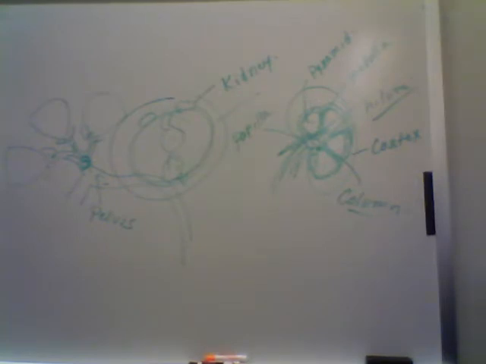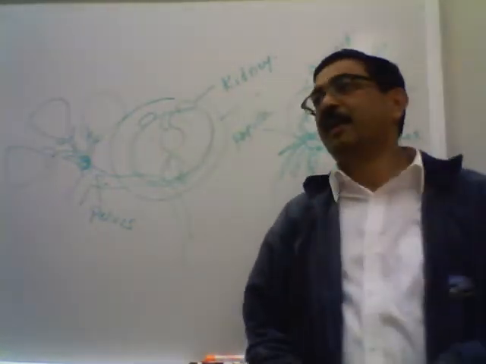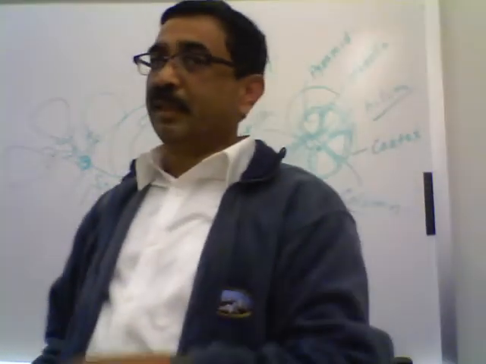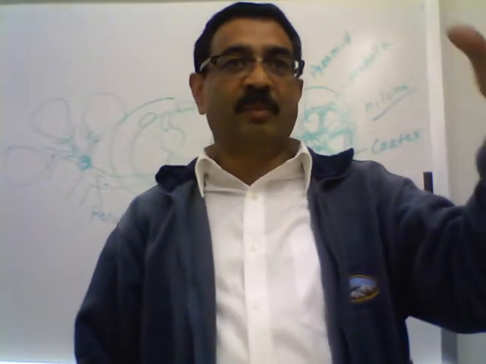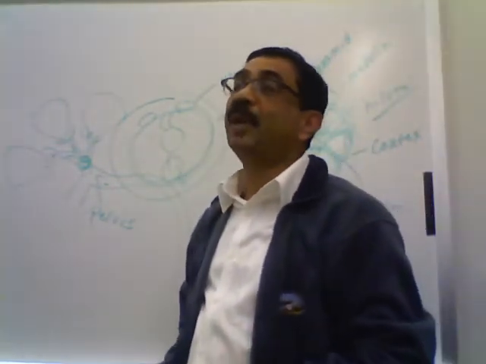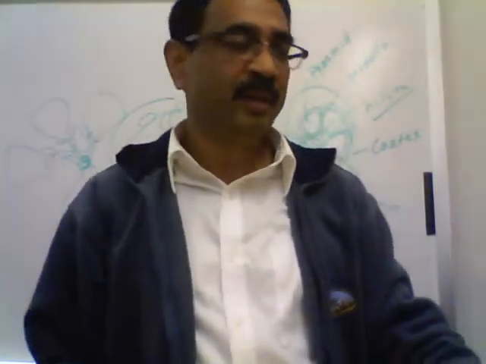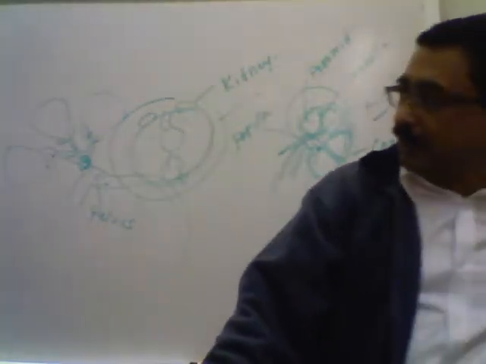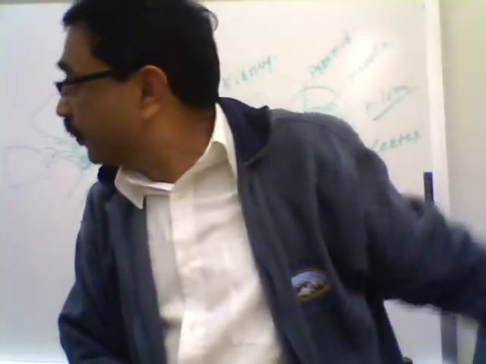So this is the major calyx, and from major calyces, the urine will be given to the renal pelvis, which is the wide space here, and from there will enter into the ureter, and then ureter will take the urine to the bladder, right? And from the bladder through the urethra, it will get out. So that's the pathway of urine, how the urine moves.